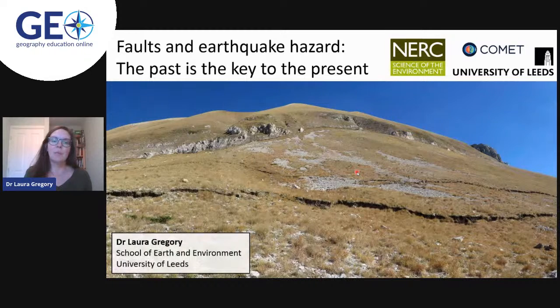And so we'll talk about how to make a hazard map, basically. And then we will talk a little bit about how societies may deal with earthquakes and what impact that earthquakes have on society.